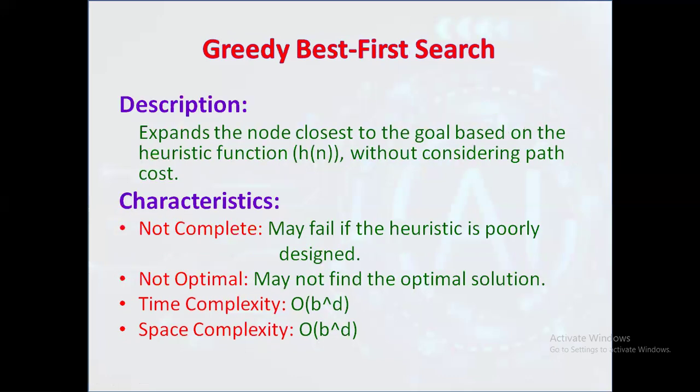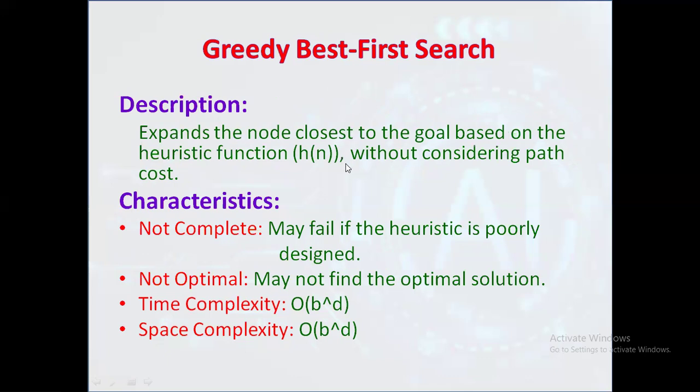For all types, we are going to discuss the problems in detail in the next lecture. Now I am giving you only the introduction. Next is greedy best first search. Greedy best first search is an informed search algorithm that expands the node that appears to be closest to the goal based on the heuristic function h of n.